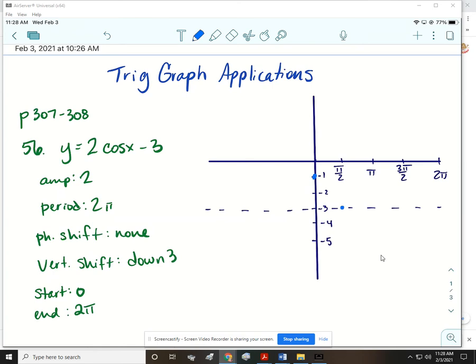And then our minimum is going to be down 2 units from -3, and then back to -3, and then back to a maximum. So it's a little different than what we're used to. All right, so that's one period.